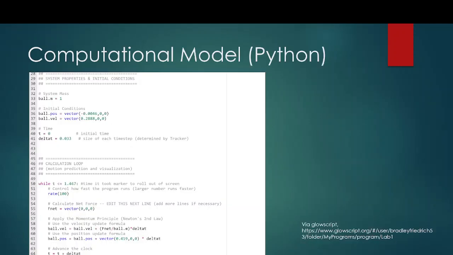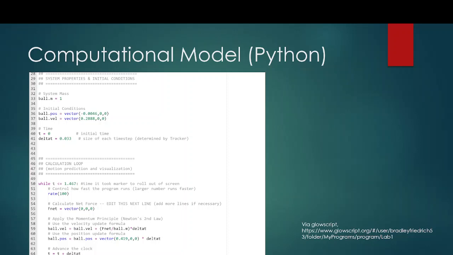In my computational model in Python, I was able to use the velocity and position update formulas. Here, if you check out this code, I tried to comment on it to make it clear. The initial position, as shown by Tracker, was about negative 0.004600 with a velocity of 0.2888 meters per second and a timestamp of 0.033 seconds for delta t.